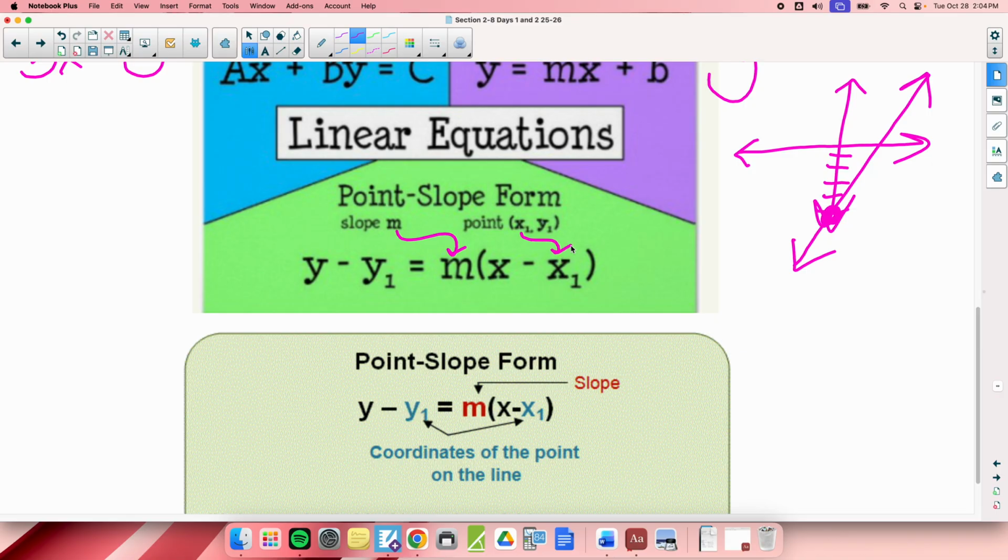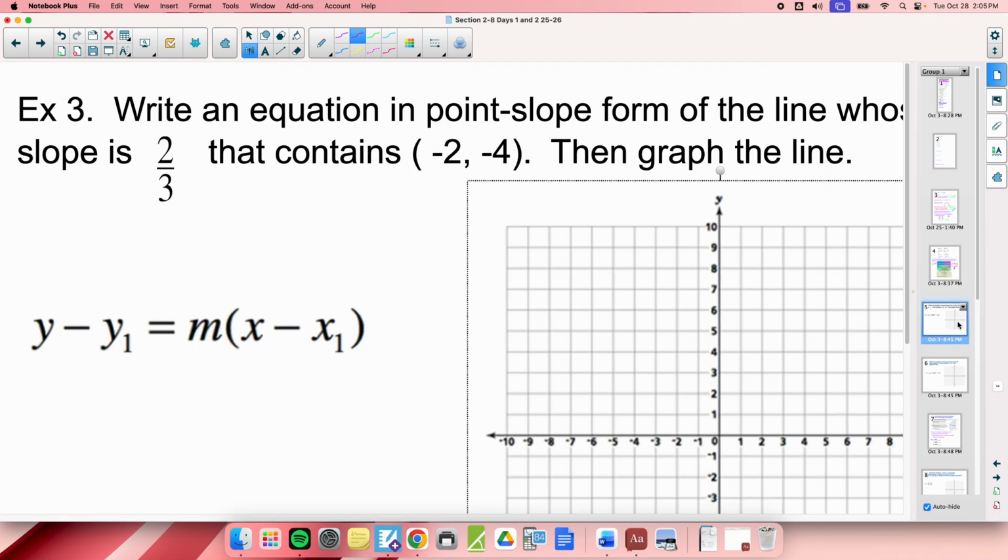And the second coordinate is our y1, and that gets substituted right there. So these could look like something like y minus 3 equals 1/4 times x plus 4. That would be an example of what it could look like. So we're gonna start there, okay?